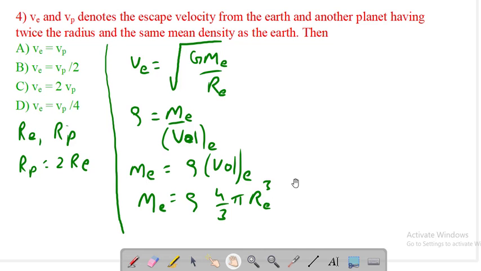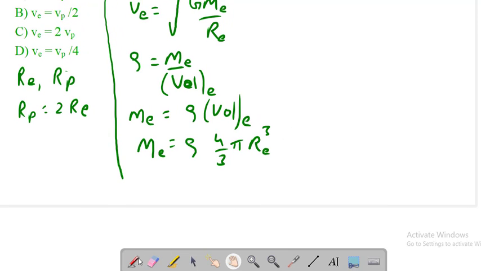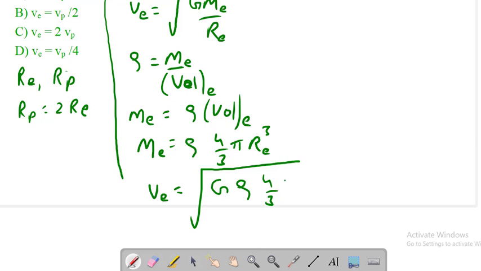Next we substitute this value in the above equation. So what we get is VE equals under root of G, and M is this entire value, so it is rho 4 by 3 pi Re cube upon Re.